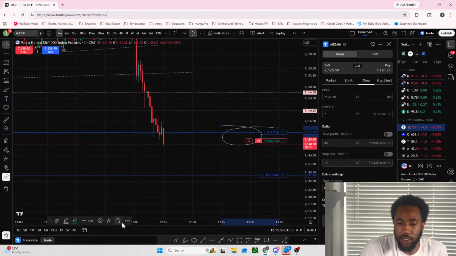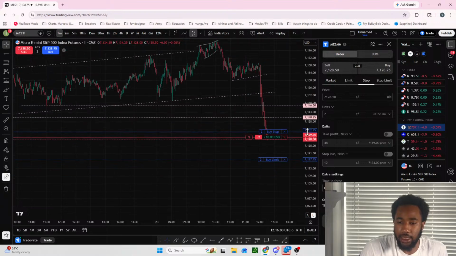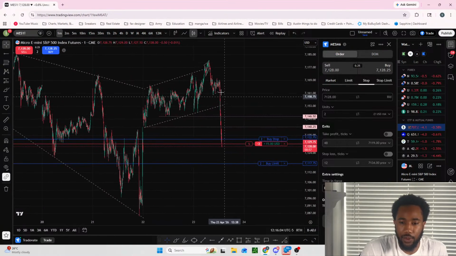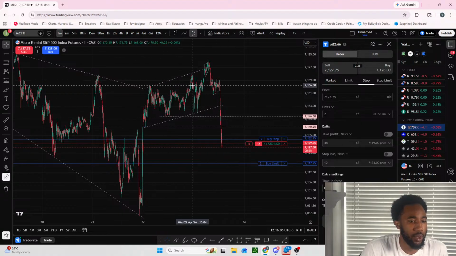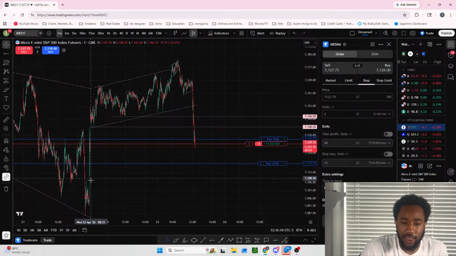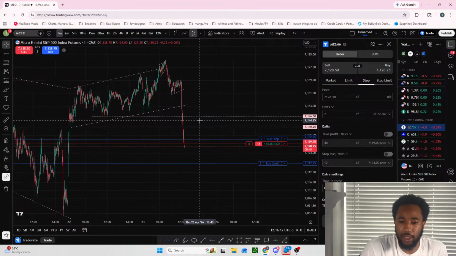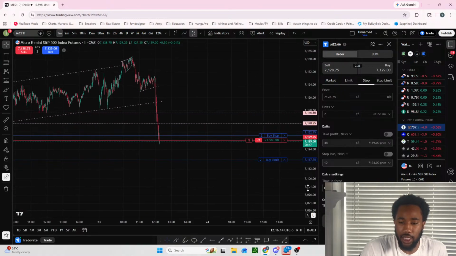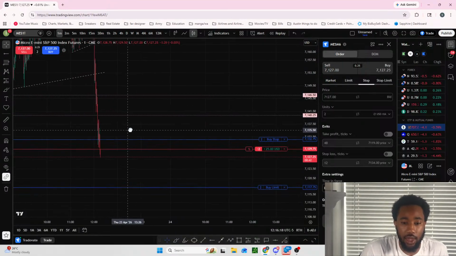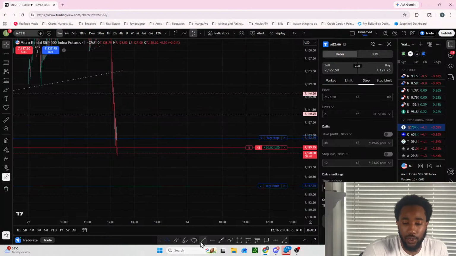I feel like there's already so much confirmation that it's not necessarily greedy. If you've been paying attention to what I've said, this isn't technically greedy. There's not really much stopping it from making the move. Obviously, it's already made a move, so it's likely to correct soon.